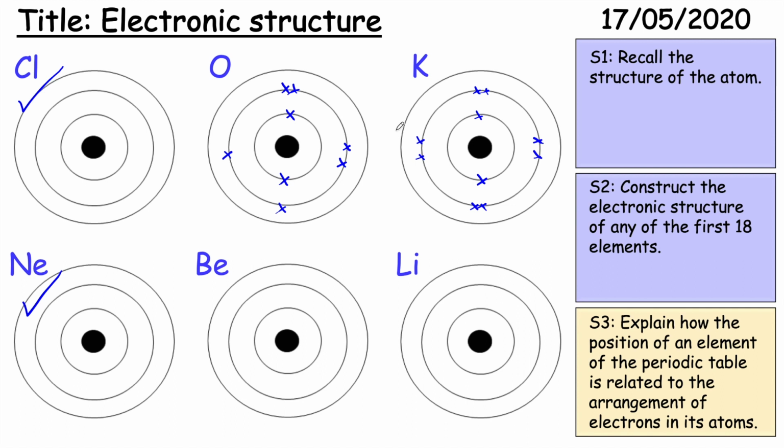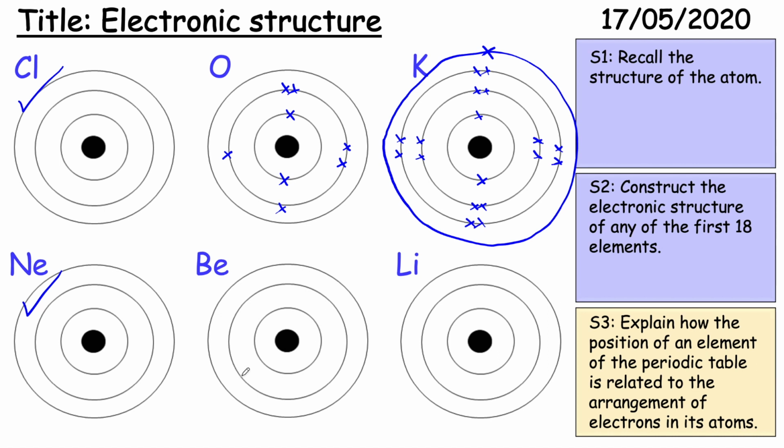Well, that's a problem because this third shell can only hold 8, so we put the 8 in, and that leaves us with 1 extra electron. Well, what you need to do is draw another ring around potassium and add the final electron in there. That's a tricky one, just to see if you're keeping up.